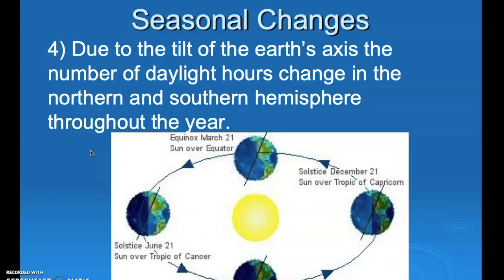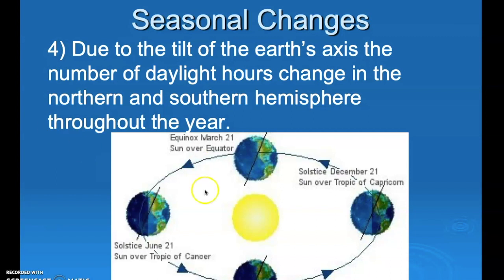And so the reason that the Earth has seasons is because of its tilt. So depending on where you live in latitude will tell you whether you are tilted towards or away from the sun, and then that will also tell you what season you are experiencing.